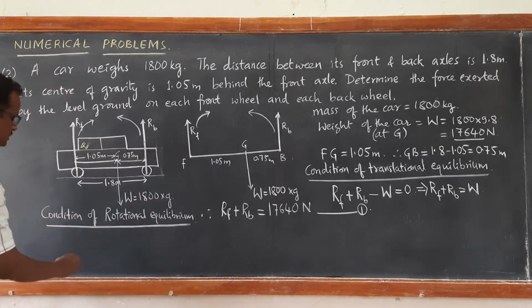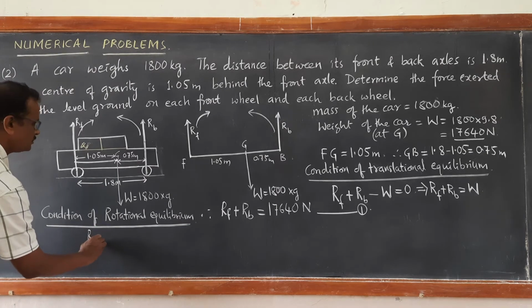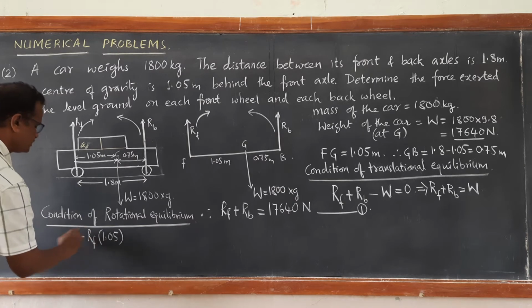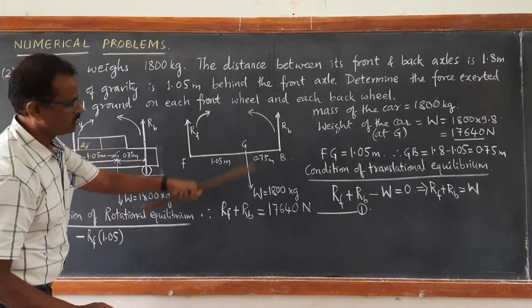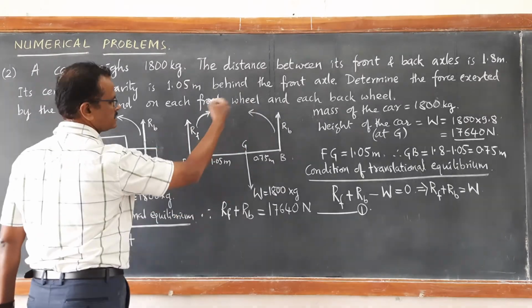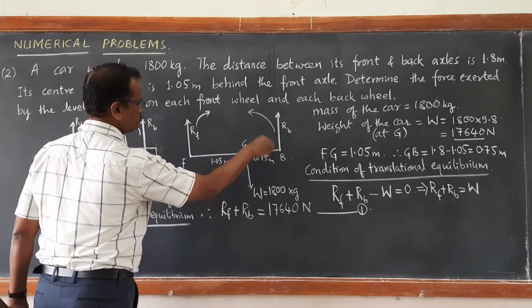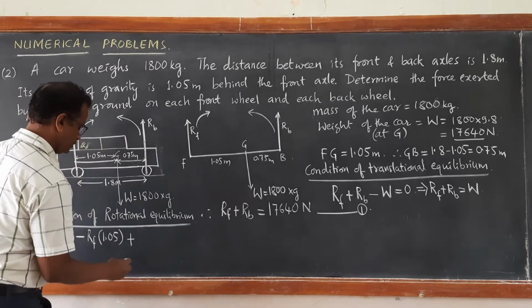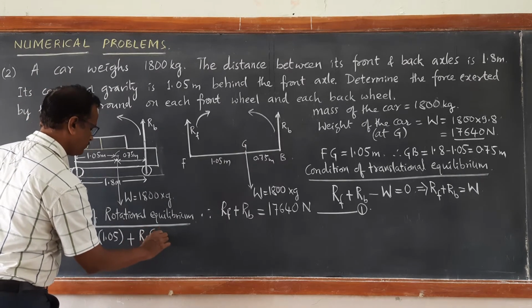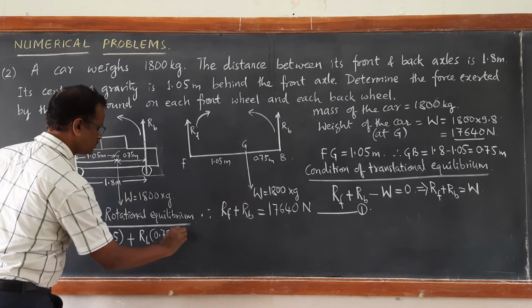So I will write it as RF into 1.05 minus, because it is clockwise, plus this should be taken positive because it is anti-clockwise, right? So anti-clockwise, that is RB into 0.75, must be equal to 0.